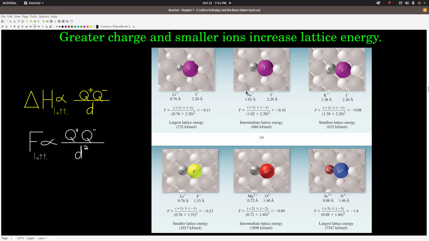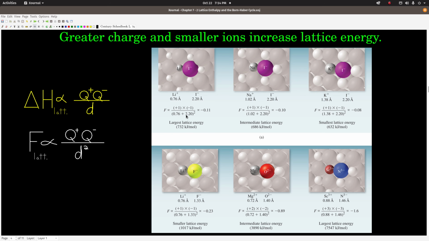So if we look at these examples here, in this top row, what's consistent between these three compounds is that, first of all, the anion is always iodide, so that size stays the same. The charges are all plus 1 and minus 1, so the Q's stay the same all the way across. What's changing is the D. So these are the sum of the ionic radii, and we get lithium being the smallest of these three ions, lithium, sodium, potassium.